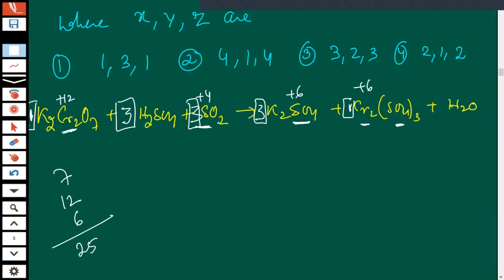Now here 4 times 3 is 12, 12. So 25, leave the water for now. We will first take 12, 12, 24. So 24 means one water is sufficient, right?